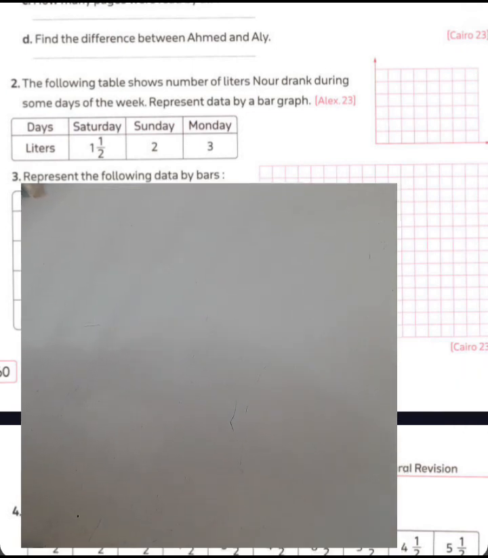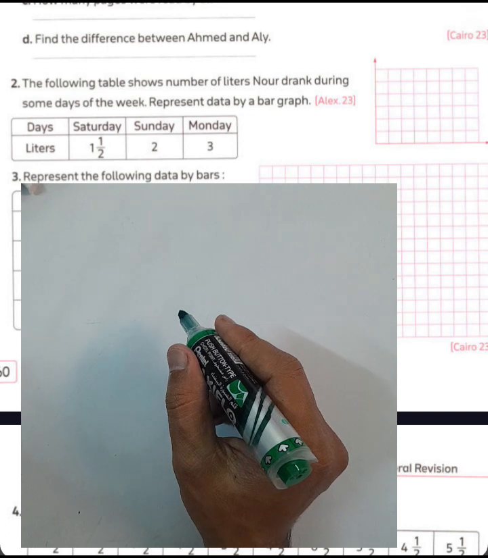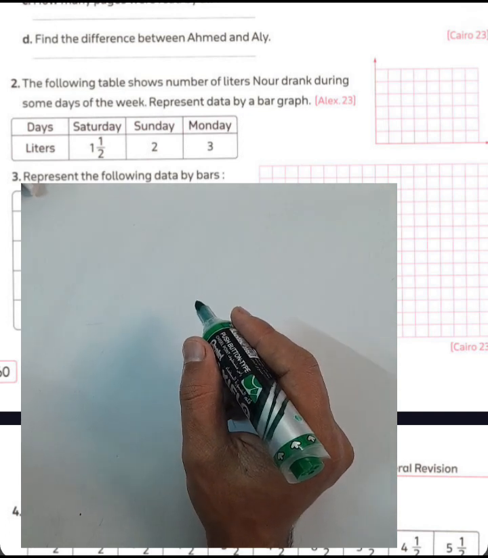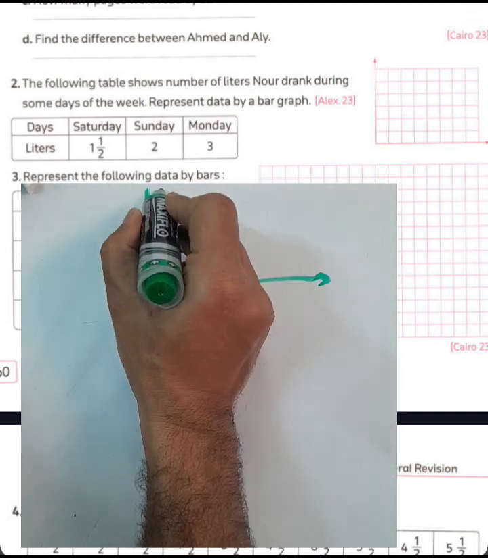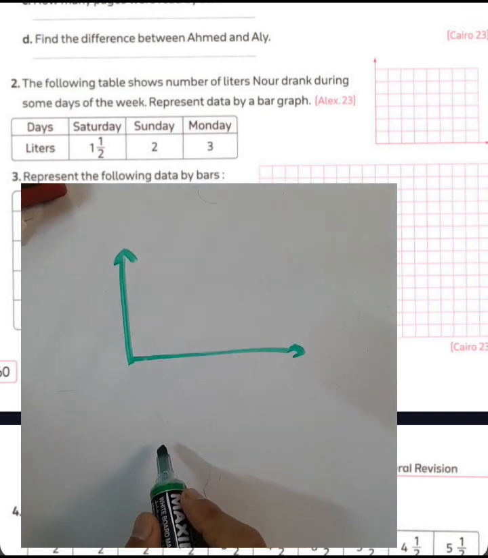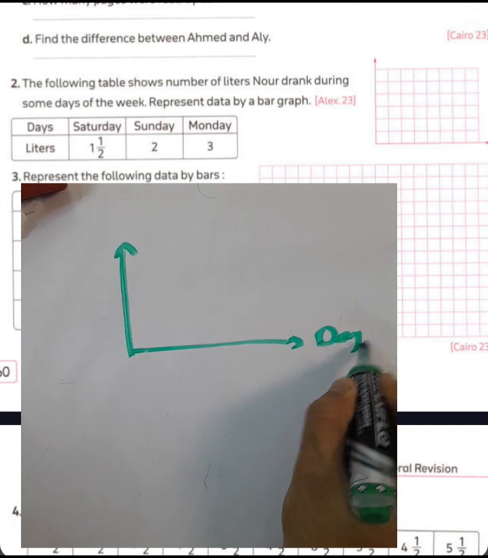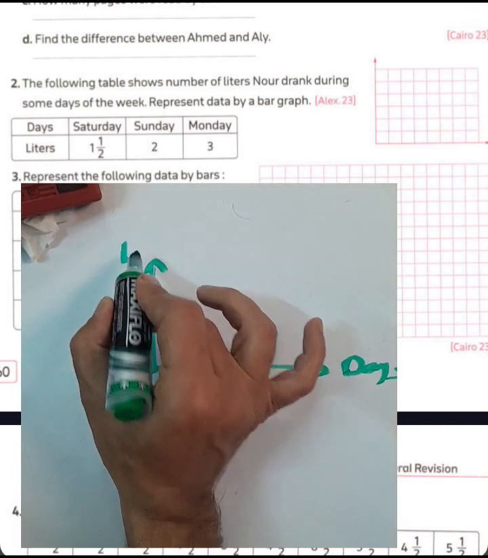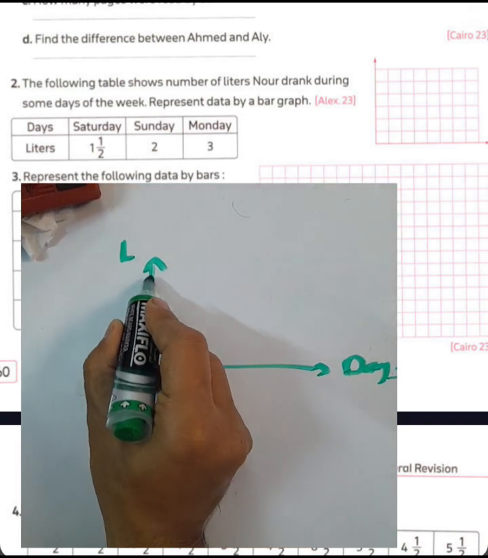Question number 2. The following table shows the number of letters. We can draw the bar graph here. Two horizontal, x-axis and y-axis. Right the days, and up vertical the letters, and we can write the number.